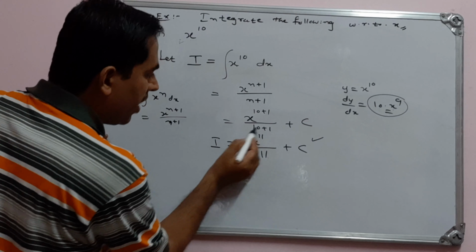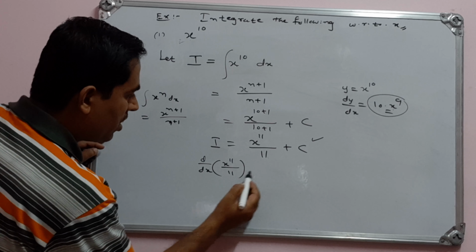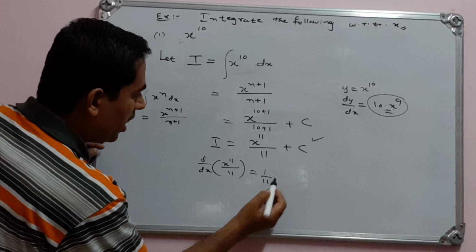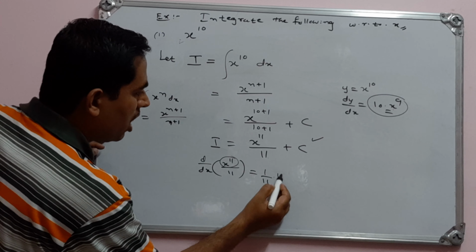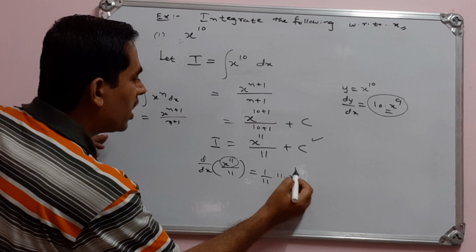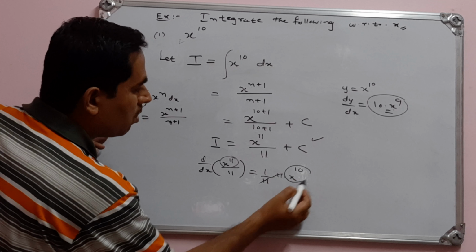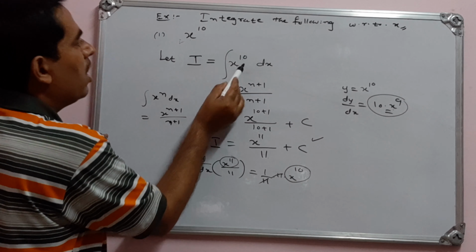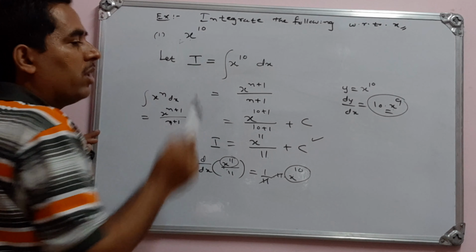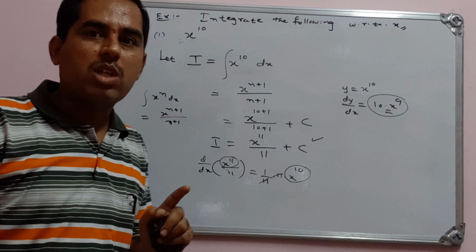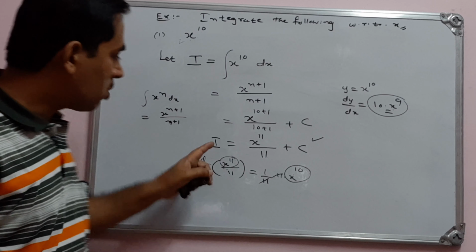I take 1 by 11 outside, into the derivative of x to the power of 11, which is 11 into x to the power of 11 minus 1, that is 10. The 11 cancels, and I got x to the power of 10. Differentiating the integral, we get the given function x to the power of 10. That's why integration is the reverse process of differentiation. That's what we are doing here.